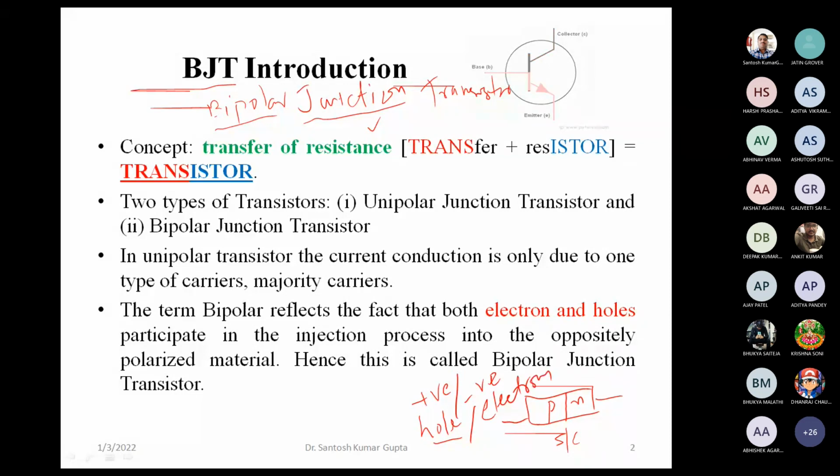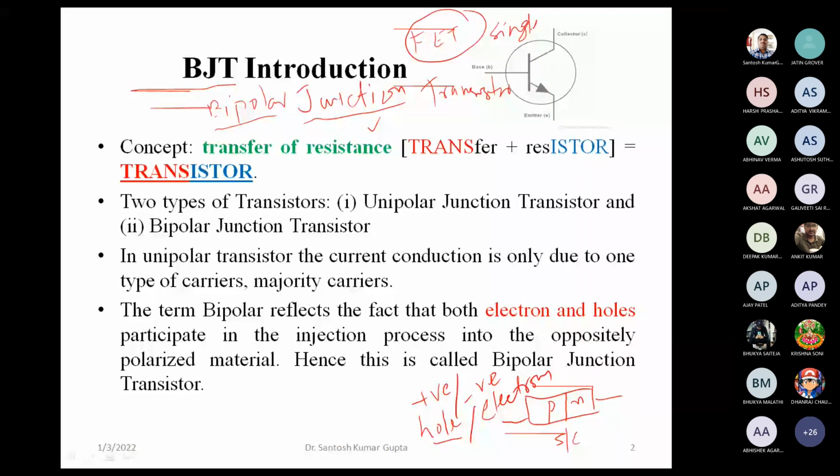So we have both positive and negative carriers contributing to the current. That's why this device is called bipolar. We shall also see unipolar, in which only one type of charge carrier contributes to the current, and that is nothing but field effect transistors.